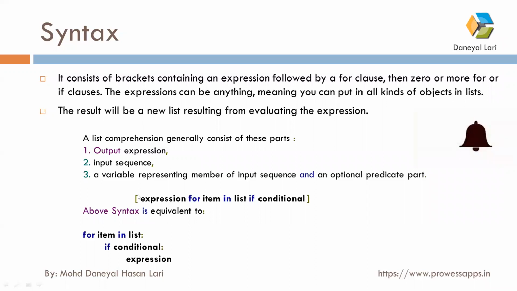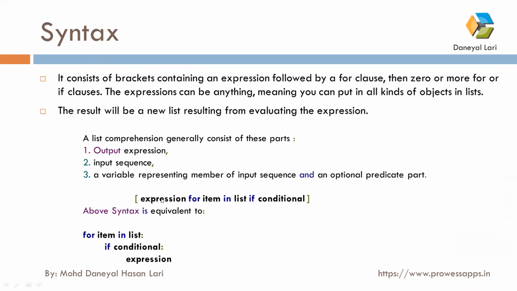First of all, you will write your expression, then you will write for, and here you will write your items in list, if, and after that you will write your condition, and the whole thing you will write inside the brackets. We have already seen the syntax: it consists of a bracket containing an expression followed by a for clause. Here you can see that all the things are enclosed within the bracket.